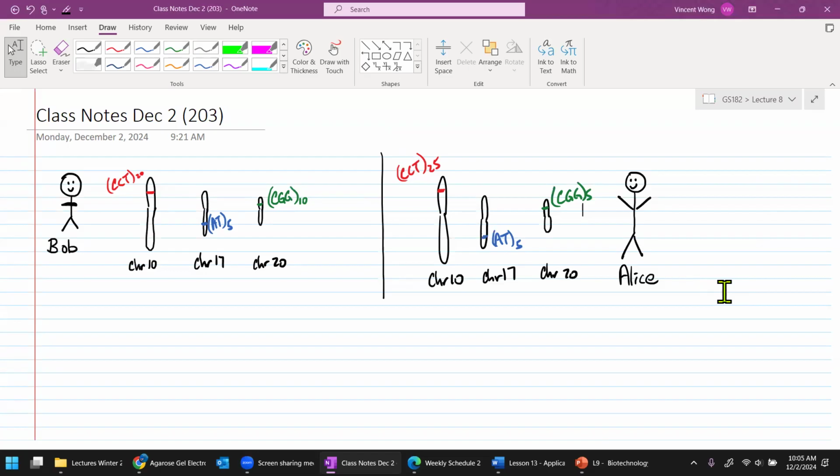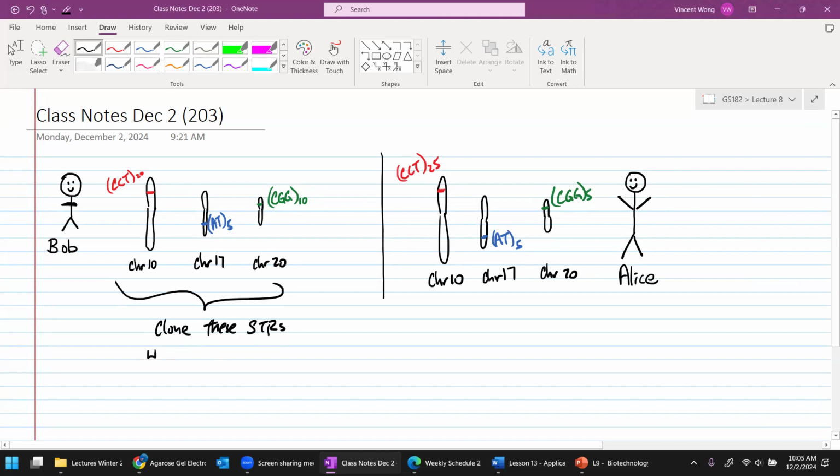I will have another set of primers that copies all this blue stuff and then all this green stuff. So in the end, we're gonna clone these STRs, short tandem repeats, with PCR. And then you're gonna have a sample in one of those tubes, and it's gonna have the red DNA, the blue DNA, and then the green DNA.